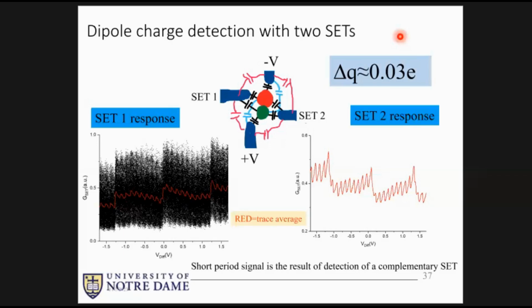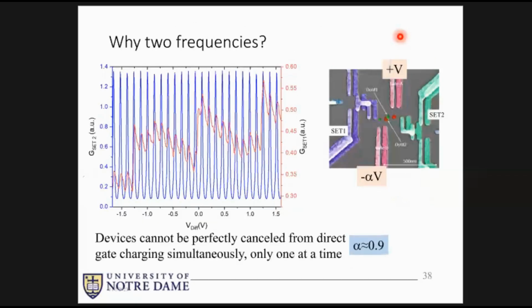But why do we see these two oscillations? Because each of these detectors can be perfectly tuned. Only one of them can be perfect, because you cannot afford perfect symmetry. At least maybe you can, but it will require very complicated fabrication. So we can tune one very nicely, and the other one will be charging, and so the blue one is charging.